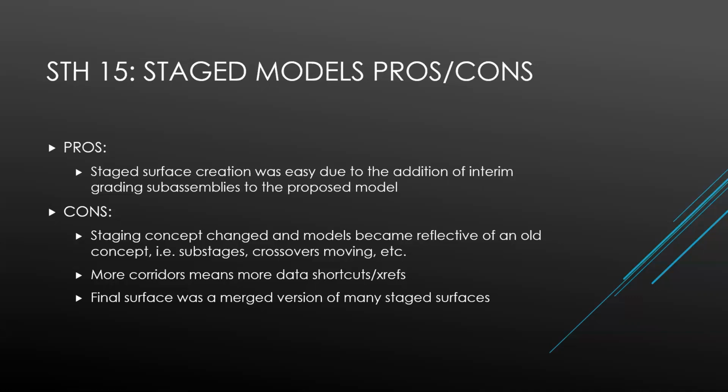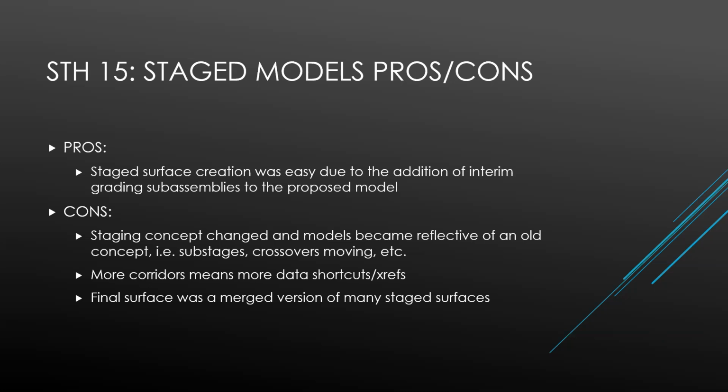We also found that the more corridors meant more data shortcuts, or in our instance, it was 2016 we were using, so we had to XREF the corridors, but it became a lot more data heavy. And one point I really want to make is the final surface that we provided was always a merged version of the stage surfaces. So we really never provided a complete top surface that was straight from a corridor with minor refinements.